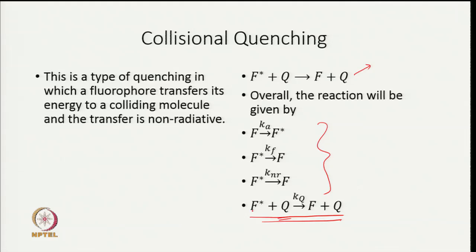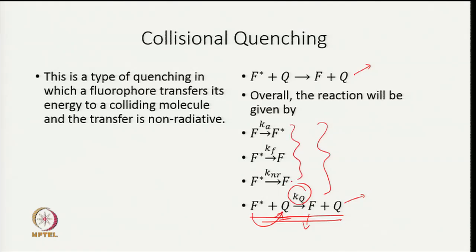So, what is happening is the excited state of the fluorophore is reacting with a quencher to give you Q plus F. Now, F is going to the ground state. So, basically F star is transferring its energy to Q, and this Kq is the rate of quenching, the rate of collisional quenching.